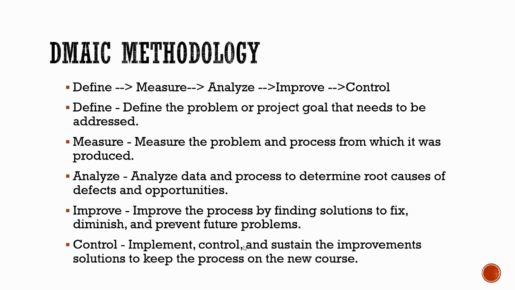After defining the project goals, we are going to measure the problem or process from which it was produced. Then analyze data and process to determine root causes of the defect and opportunities. Then improve the process by finding solutions to fix, diminish, and prevent future problems. Control: implement control and sustain the improvement solutions to keep the process on the new course.